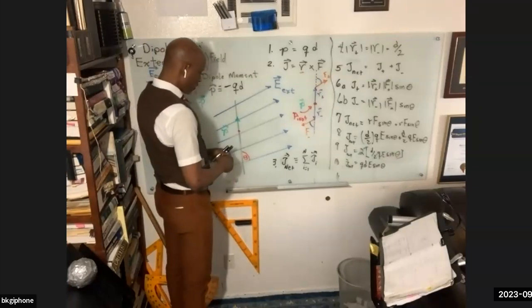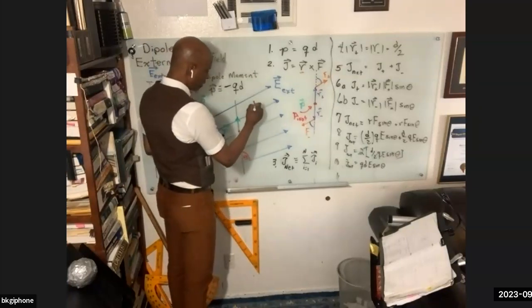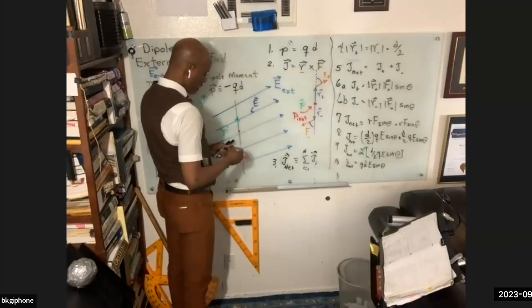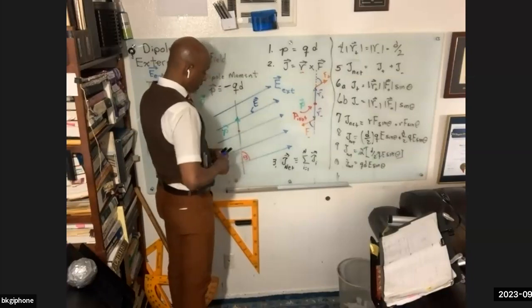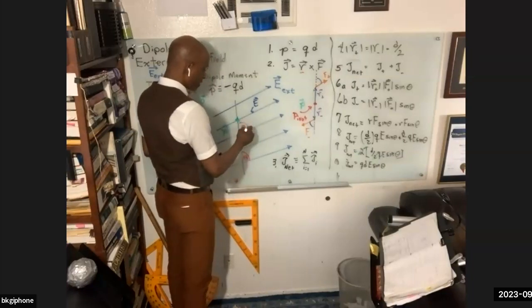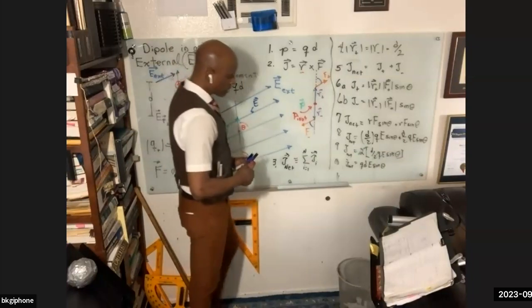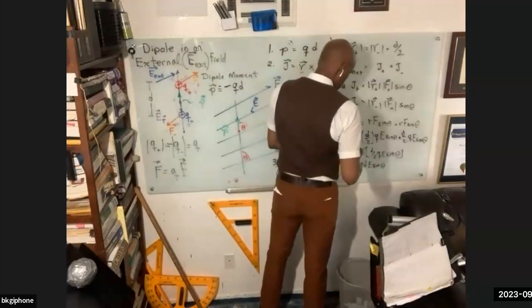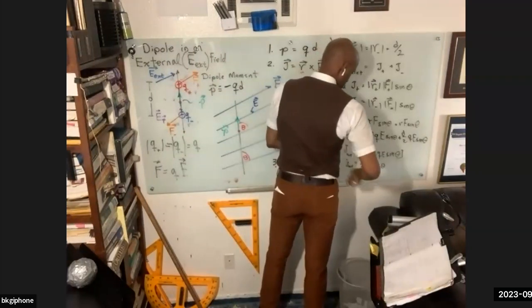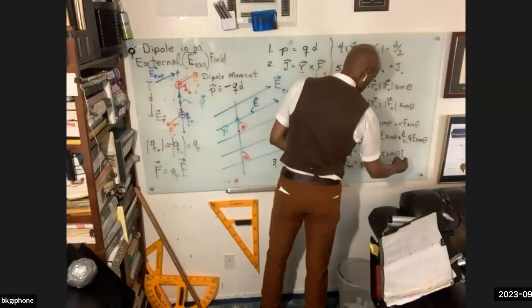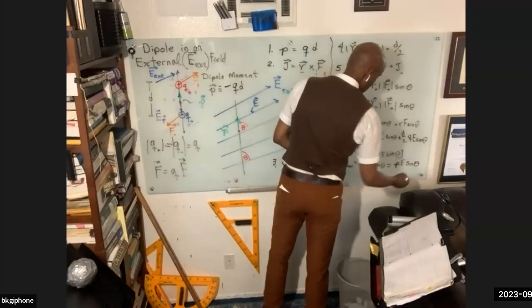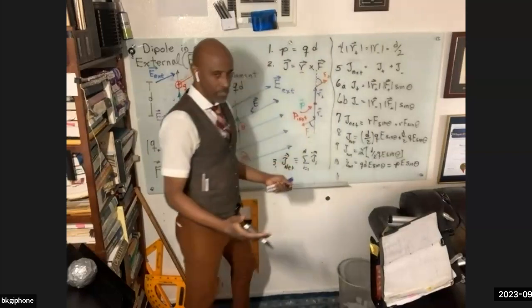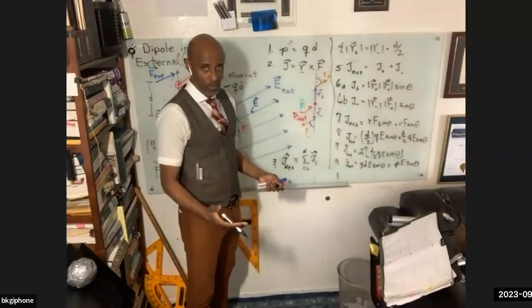This is E, and this is P. So theta is that same angle. And again, P is a vector quantity, as is E. So what we essentially have here is P times E times the sine of the angle between them. And that is simply the definition of a cross product.